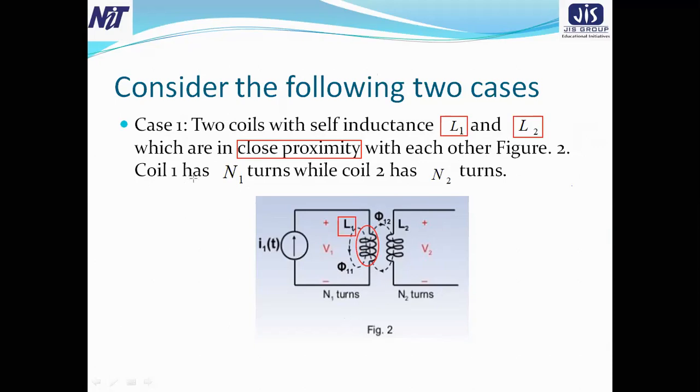As per Figure 2, coil 1 has N1 turns and coil 2 has N2 turns. Please try to remember that. It's very clear to all of you: N1, N2, this is L1, this is L2, in close proximity.